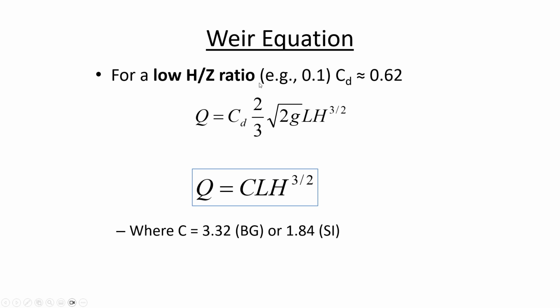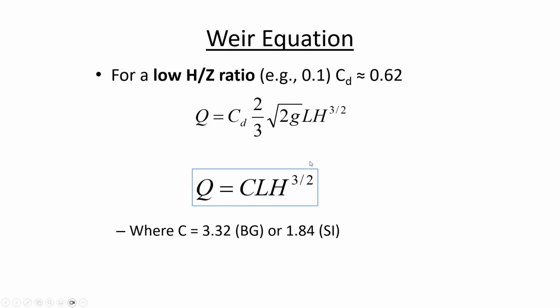And so if the height of the water is about 10% of the weir height or less, then the discharge coefficient becomes 0.62, and then lumping all of these constants together, where C sub D is this 0.62, 2/3, the square root of 2g, then some C value times the length times H. And now this is the formula that you saw in the video.